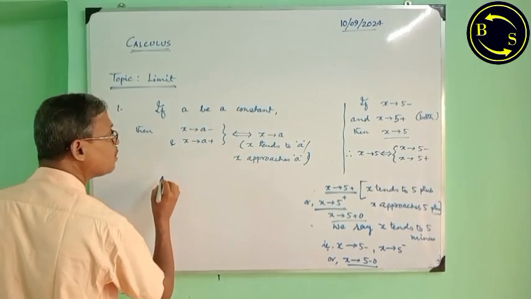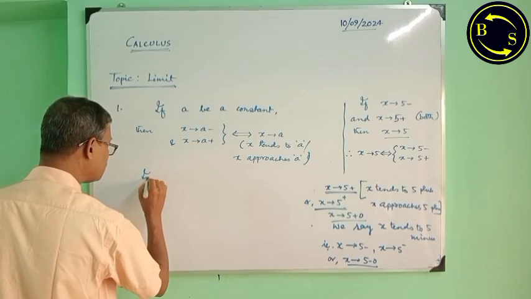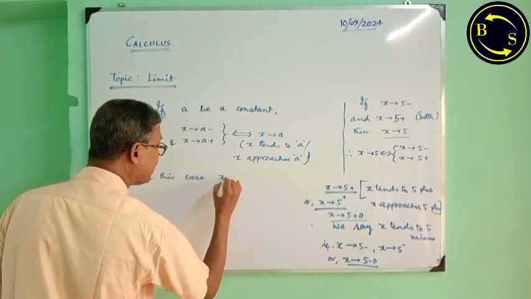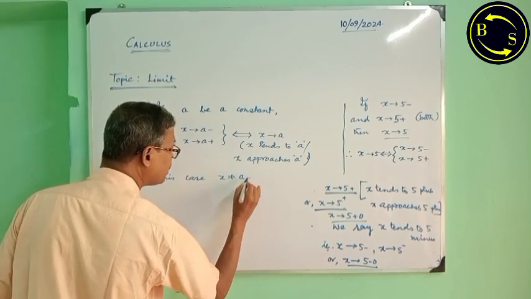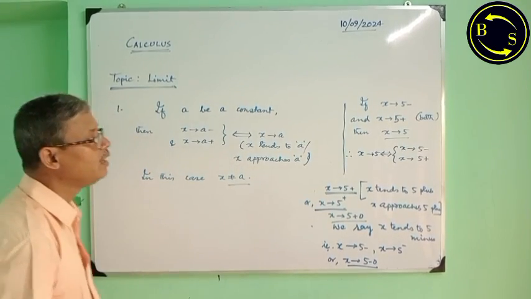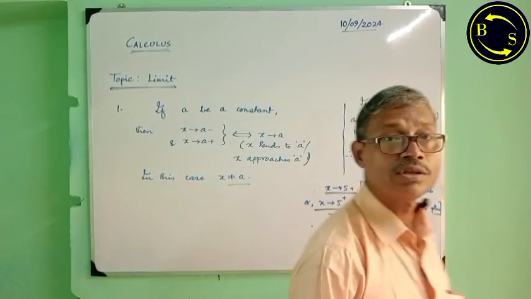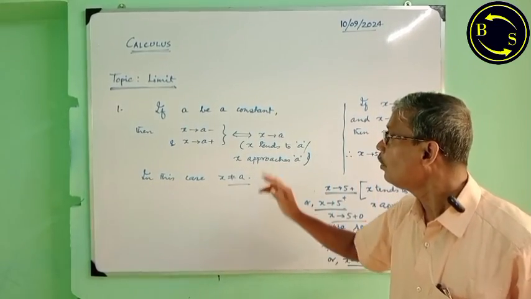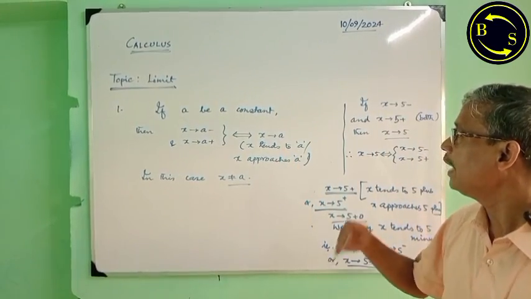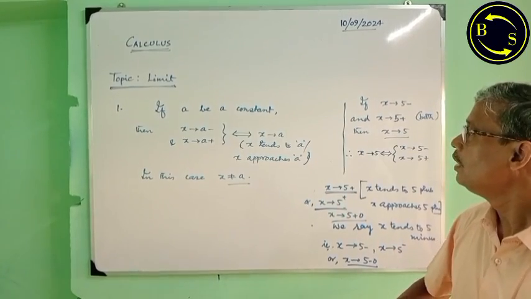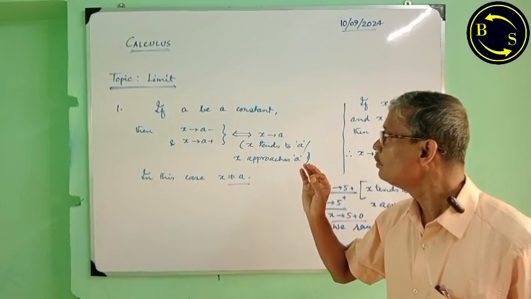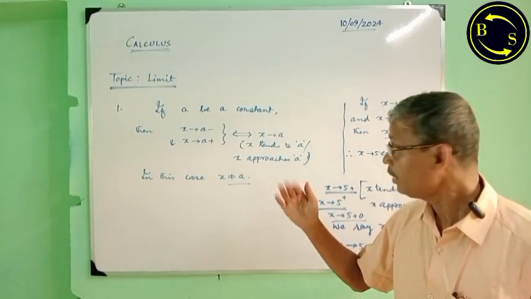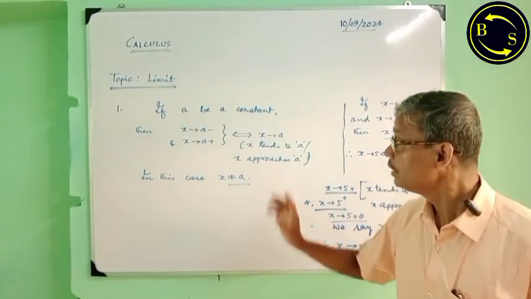And you remember always that in this case x is not equal to a. Thus, I have discussed here the limiting value of x taken as independent variable when the value of x is near to a, never x equal to a.